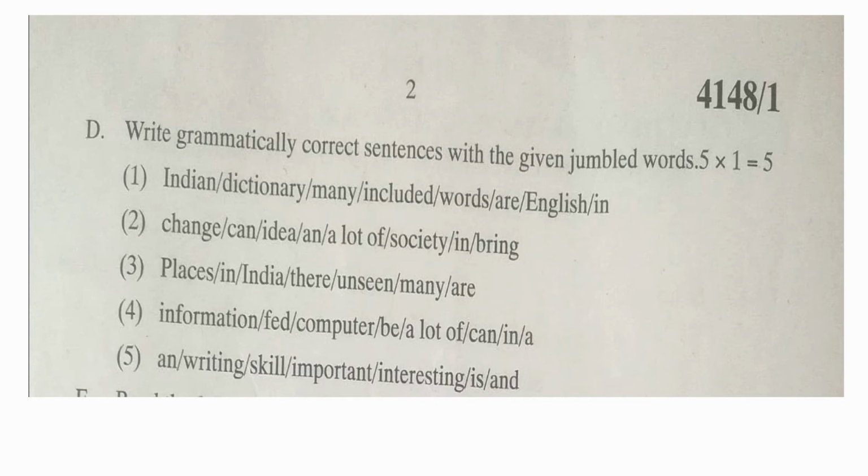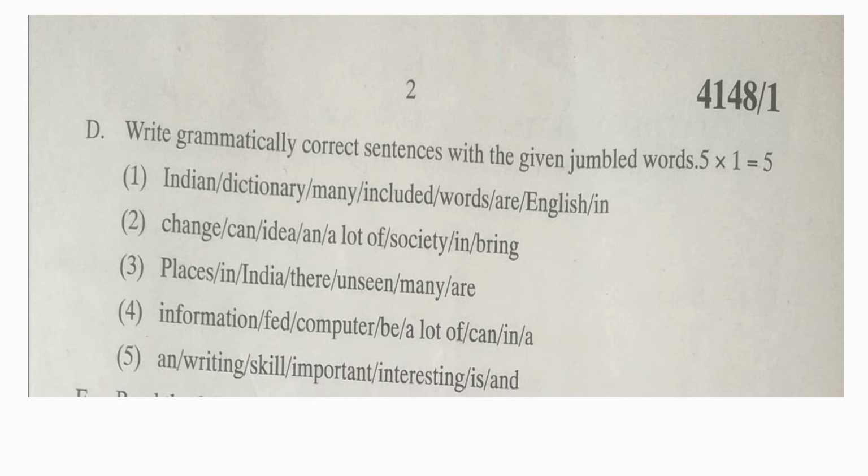In Section A, in question D, the question will be asked like this: write grammatically correct sentences with the given jumbled words. Five questions will be given. Each question carries 1 mark, total 5 marks.